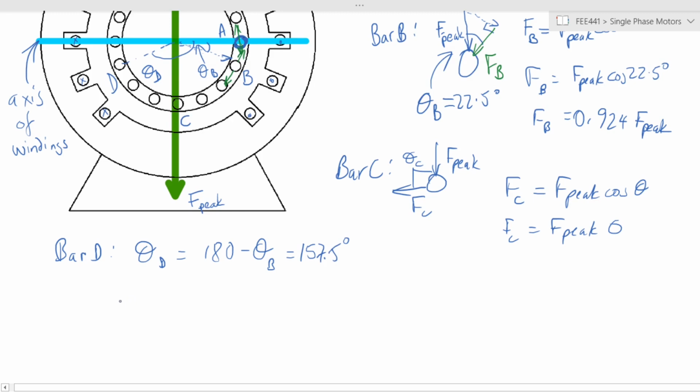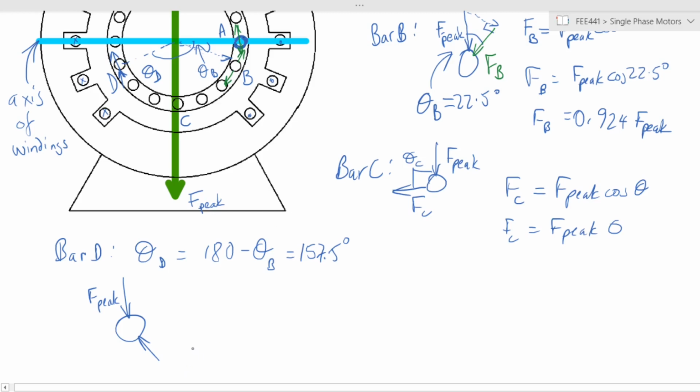Now, in the case of bar D, we have bar D represented there with the same F peak which we had there. The freedom of movement for bar D is that way, right? Either here or there, which means it looks something like that, okay?